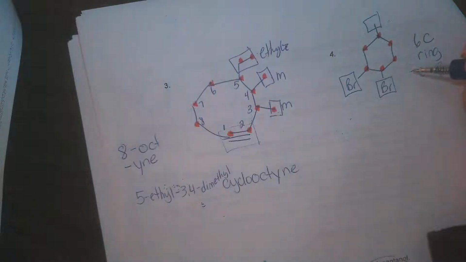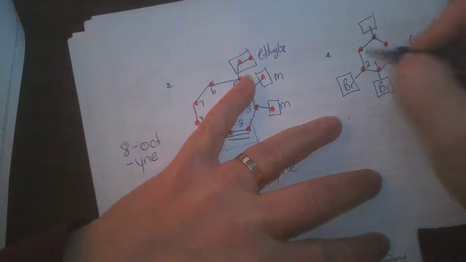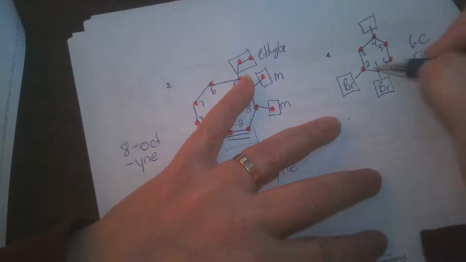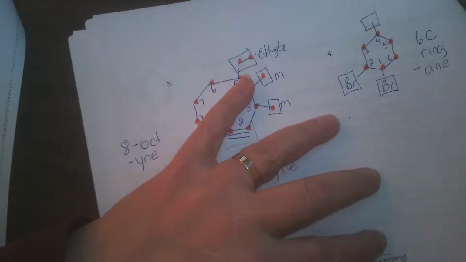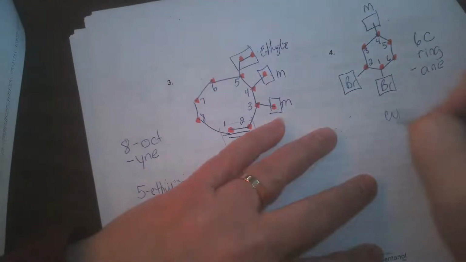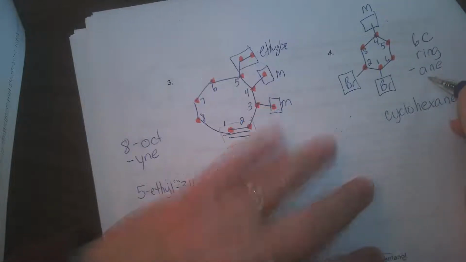What takes precedence? Bonds and alcohols first, and then halides. So we're going to start here. We're going to go 1, 2, 3, 4, 5, 6. And the reason we went clockwise is because the next branch from 1 is closest this way, as opposed to going counterclockwise. And then this is a methyl group. So we know we have cyclohexane because it's 6 carbons in a ring and it's got single bonds only.